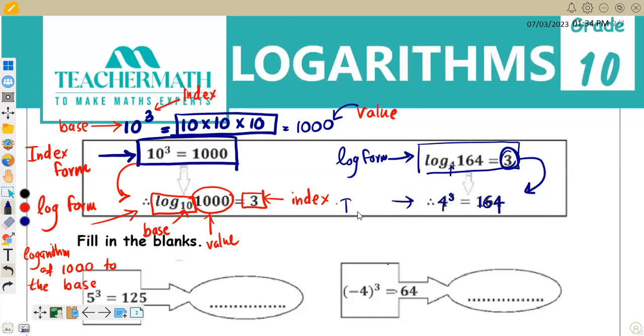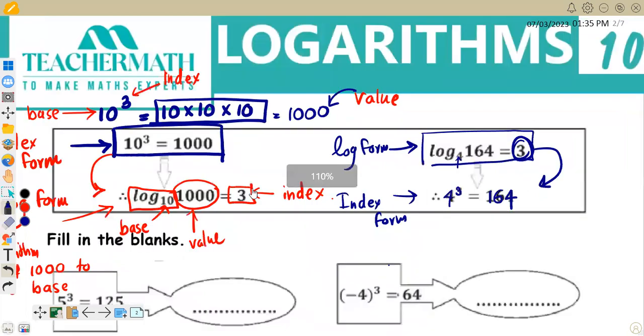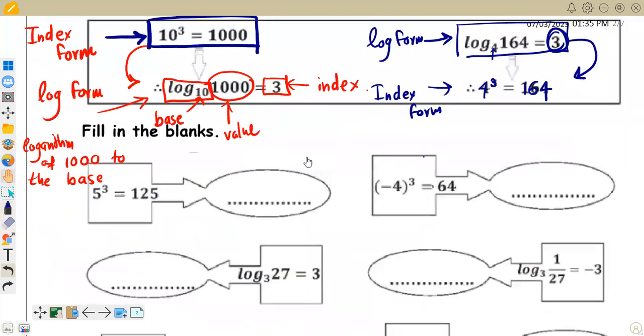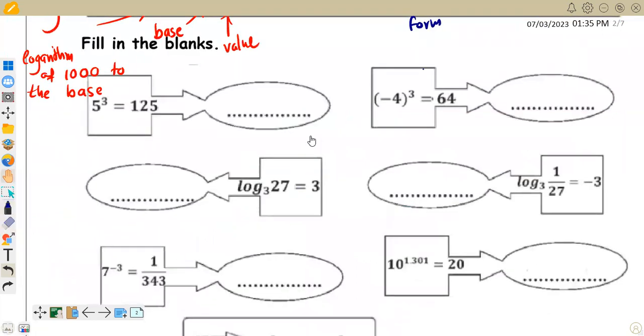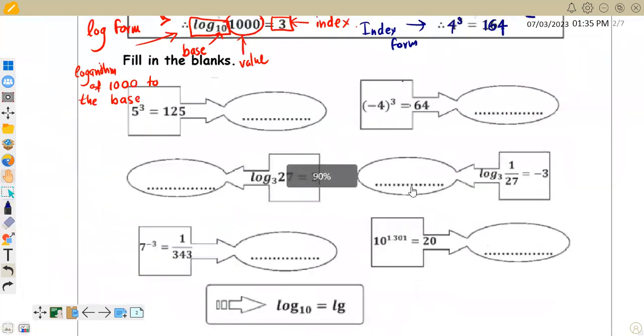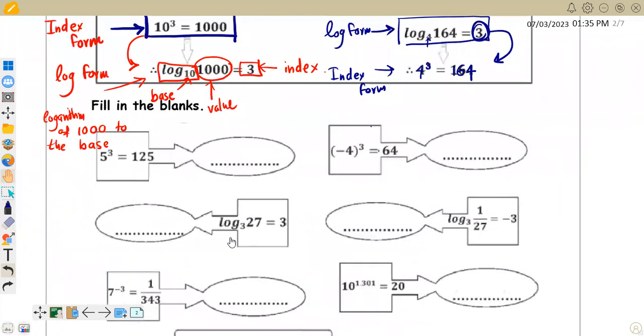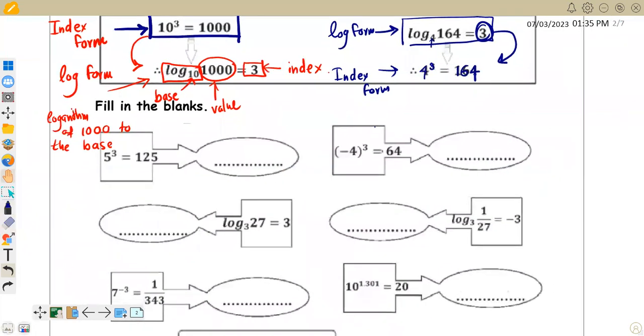This is index form. Okay, you have been given some exercises to do by looking at the above 2 examples. Look at here. Here it is 5 to the power of 3 is equal to 125.